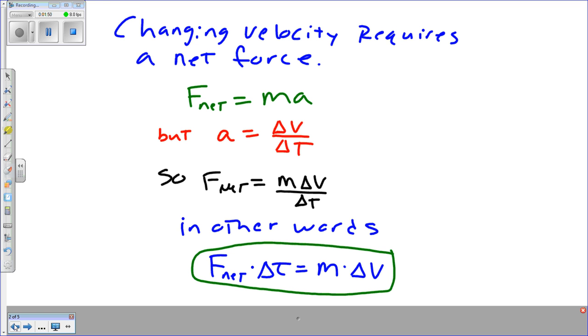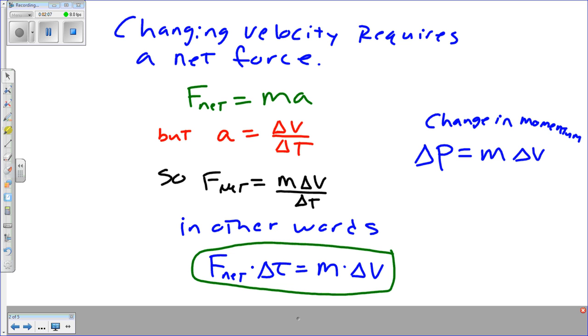As you know, if momentum is mass times velocity, then a change in momentum is mass times a change in velocity. That's your change in momentum. But impulse is a change in momentum. That's F times delta t.